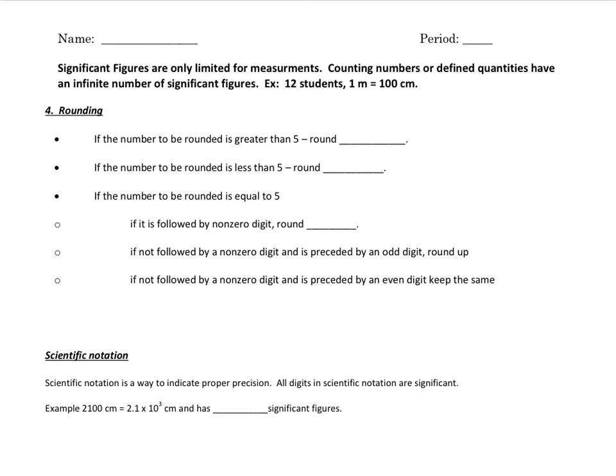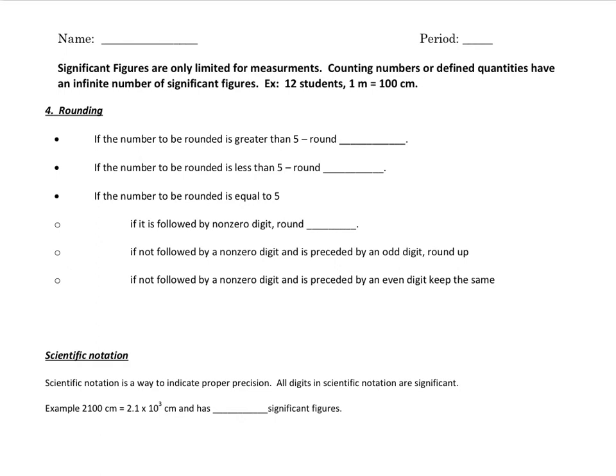Let's say I'm counting how many students I have, and there are 12 students. I can never have 12.1 students or 12.5 students. I either have 12 or 13 because I counted them. And so that number, 12 students, has an unlimited number of sig figs because I didn't measure my students, I counted them. So counting numbers have an infinite number of sig figs.